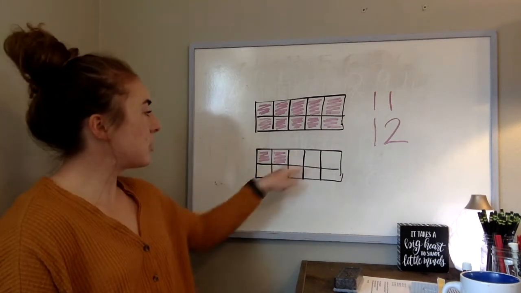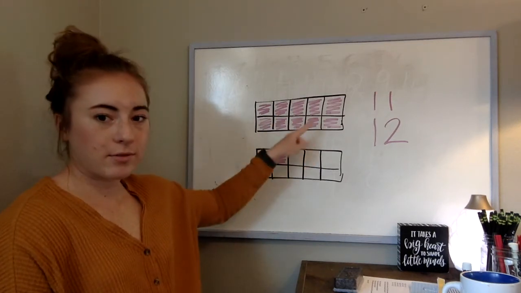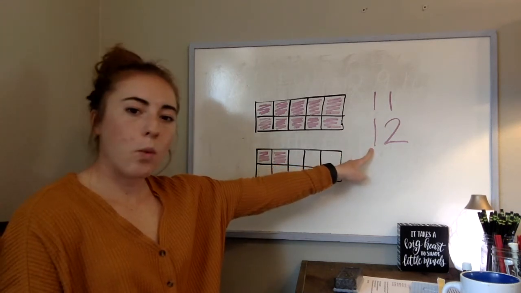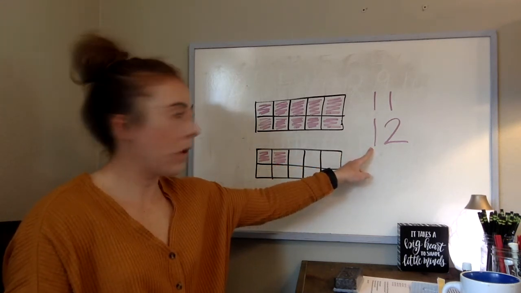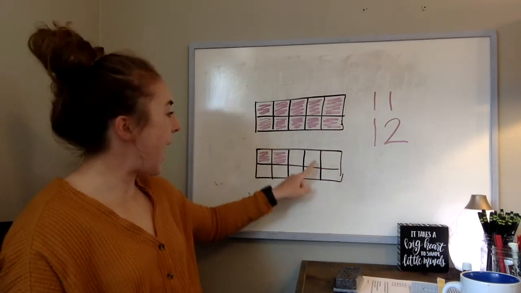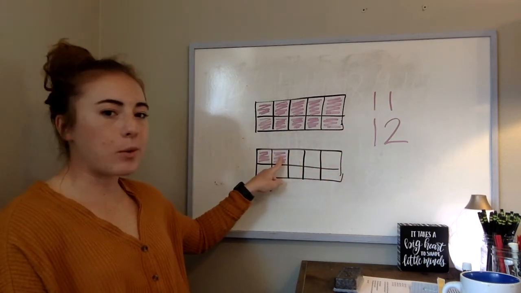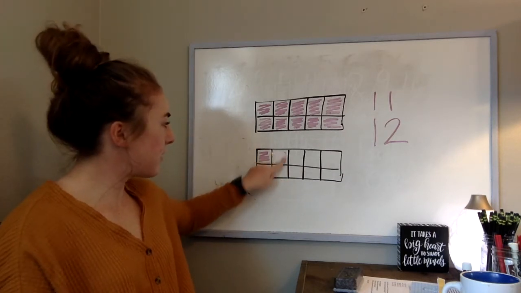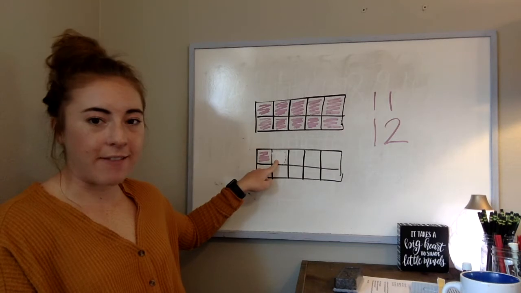How many pennies or boxes do I have now? Remember, we colored 12 boxes. What do I need to do to show 11 boxes? Do I need to add another one, or maybe I need to take one away? You're right. Now I have 11 boxes.